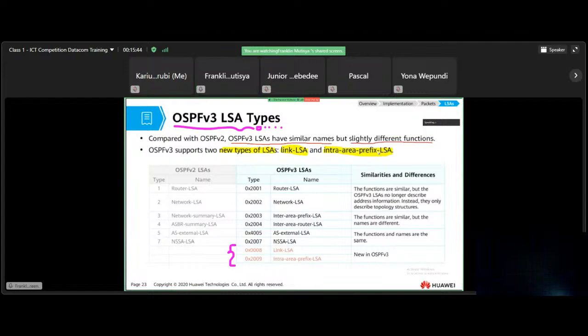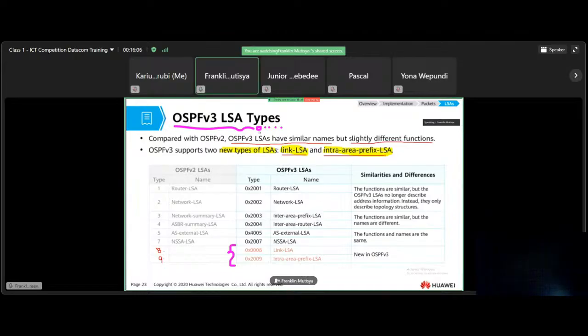So here we're introducing 8 and 9. We're going to be discussing them shortly, but before that, let's look at the common ones.